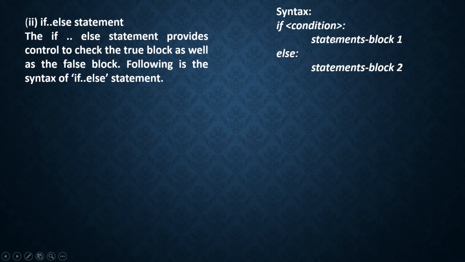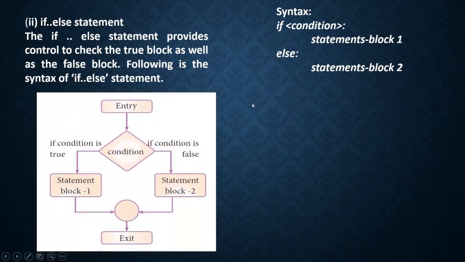The true block will be skipped and the false block will be executed. So let us see the flowchart of the if else statement. Here we have an entry point and we give a condition. If the condition is true, the statement 1 first block will be executed and you will get the result. If the condition is false, the second block will be executed and you will get the output.